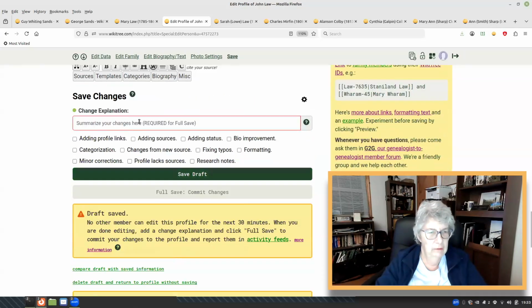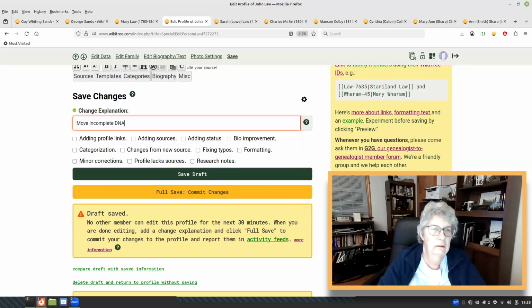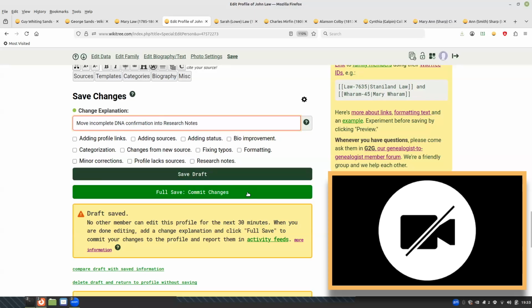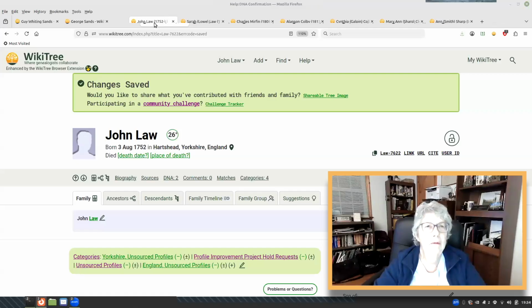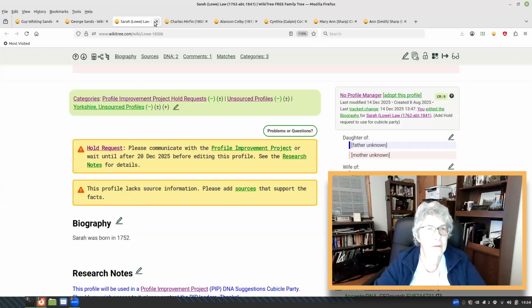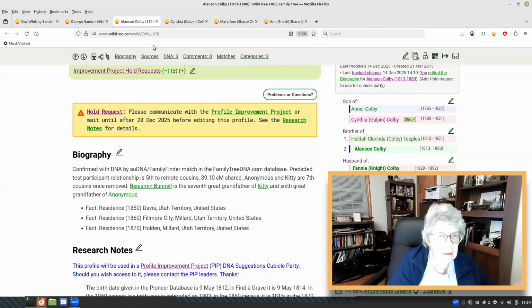So that is incomplete confirmation into research. Sound like a good description? Yeah. Sure. Well, we got two more. There's Sarah, there's Charles. Two more, and let's see.